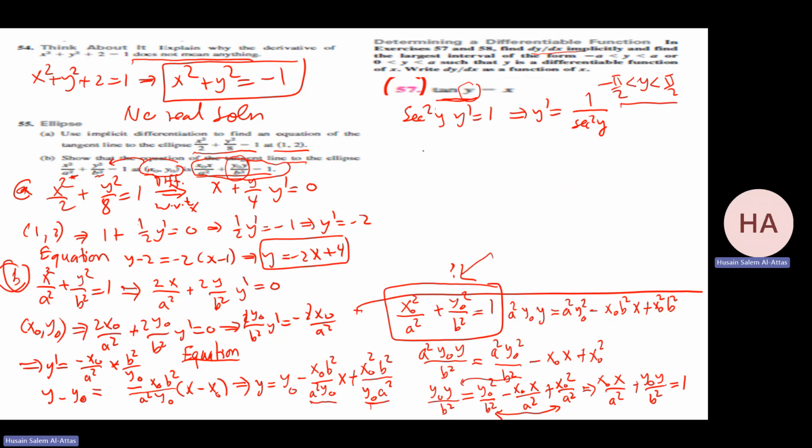And this one, if I continue, secant square is what? Is 1 plus tan square y. So y prime will be 1 over 1 plus x square. Simply, secant square y is 1 plus tan square, and tan y is equal to x.